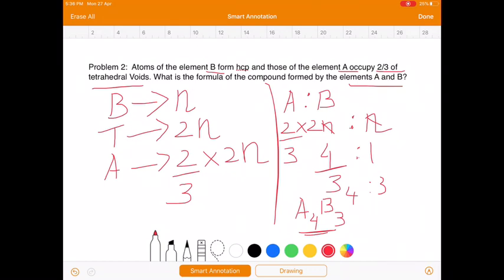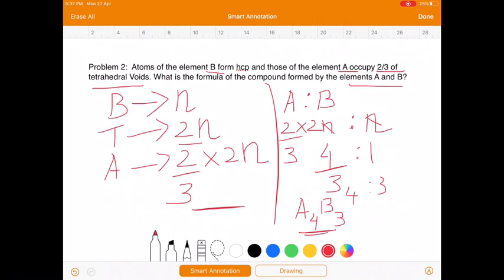A4B3. Hope you understood. B forms the close packing, so let the number be n. Number of tetrahedral voids will be 2n. The number of element A, since they occupy 2/3 of tetrahedral voids, is 2/3 into 2n.